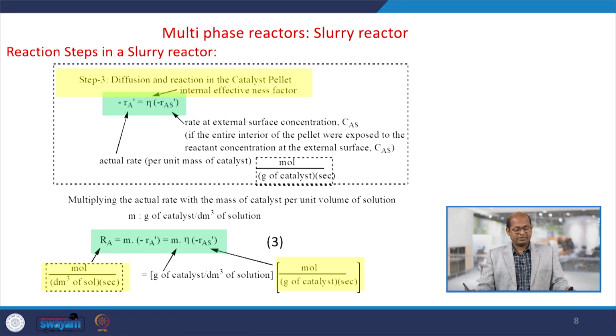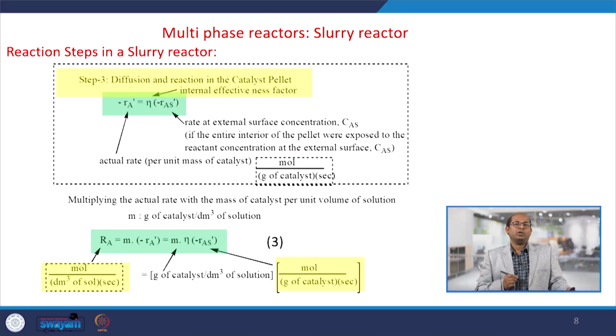Next is the diffusion and reactions inside the catalyst particles. When the reactant molecules reach the surface of the catalyst, the third step is internal diffusion and reactions. In that case the rate can be expressed as minus R A prime equals eta times minus R A S prime. What is R A S prime? Suppose the reactant molecule reaches the external surface and internal diffusion is there.